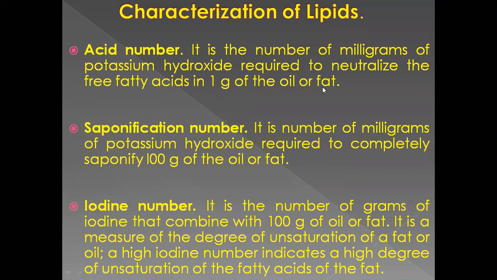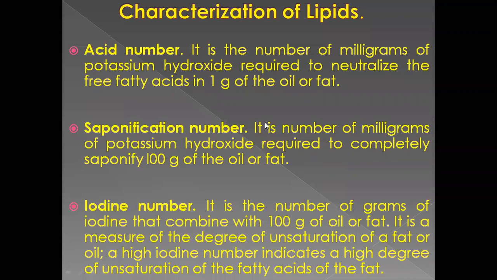So what is the acid number? It is actually the amount, that is milligrams, of potassium hydroxide required to neutralize the free fatty acid present in 1 gram of oil or fat. This is our first characteristic property. The second characteristic property is the saponification number.